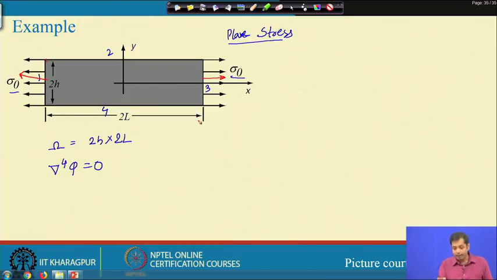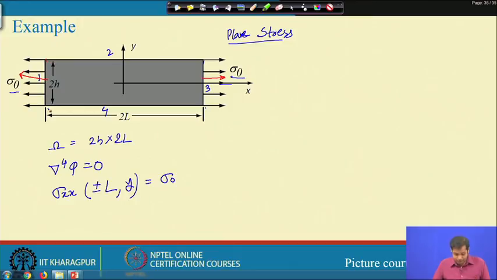The unit normal is in the direction of x, so sigma xx at x equal to plus or minus L, at any y, is equal to sigma 0. This is the condition on the normal stress on these two boundaries.